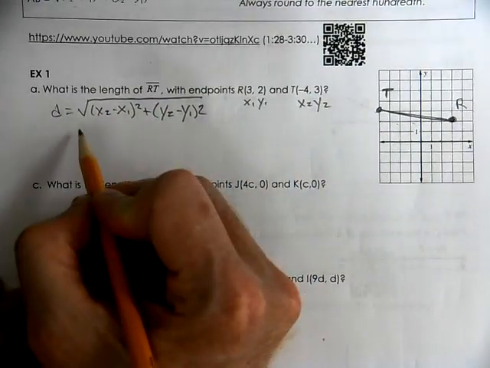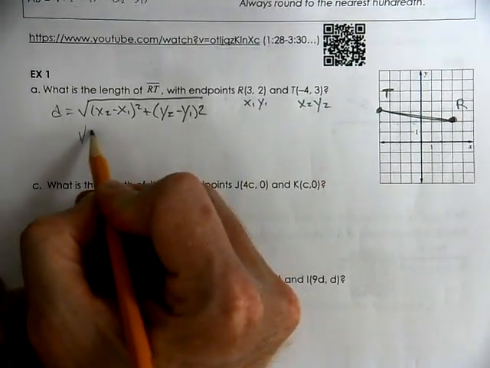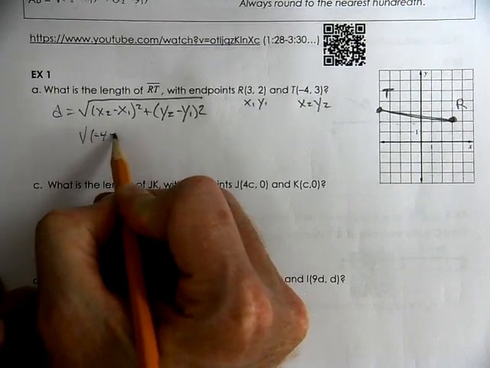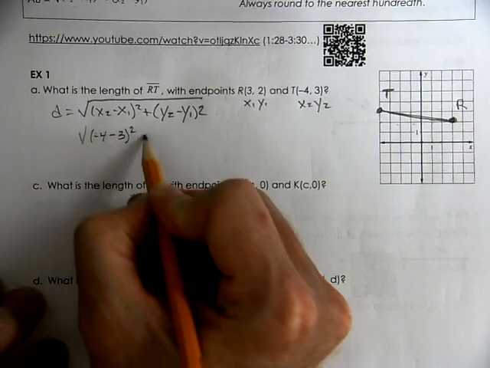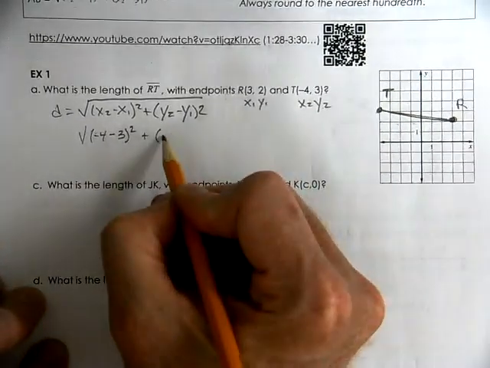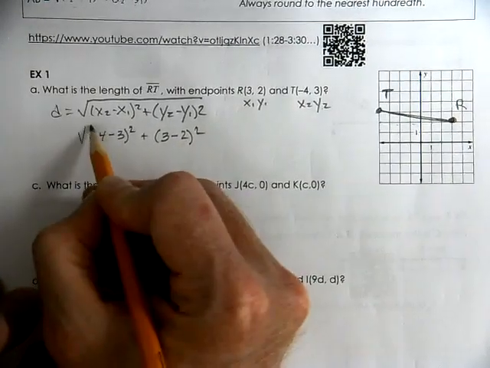So we're going to plug our numbers in. x2 is negative 4 minus positive 3 squared, y2 minus 2 squared.